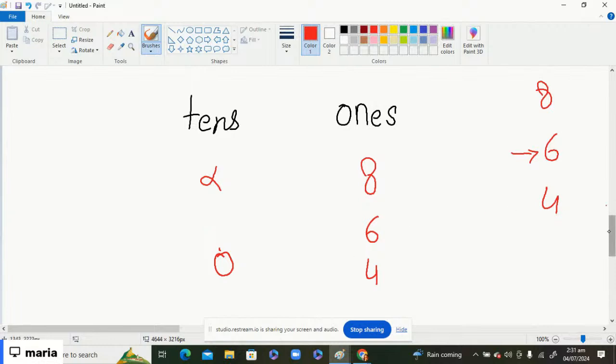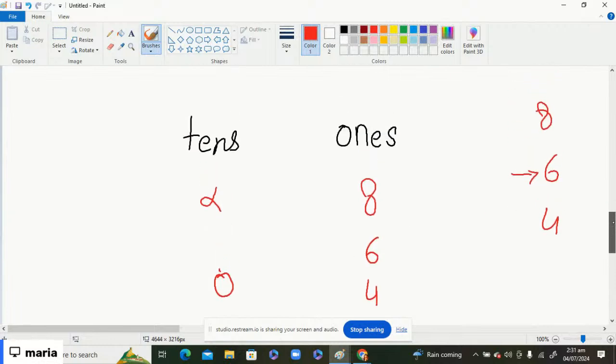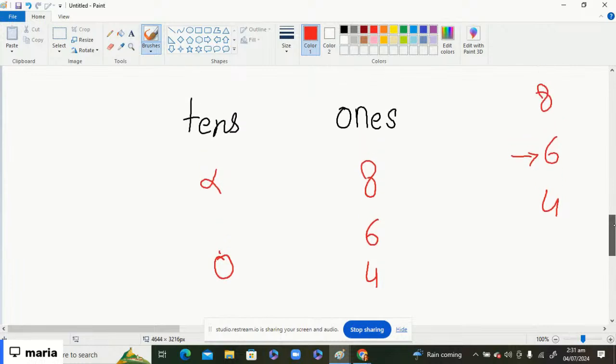All right. This happens if you have only a single digit, so you put it under the ones, and in the tens place you put 0.